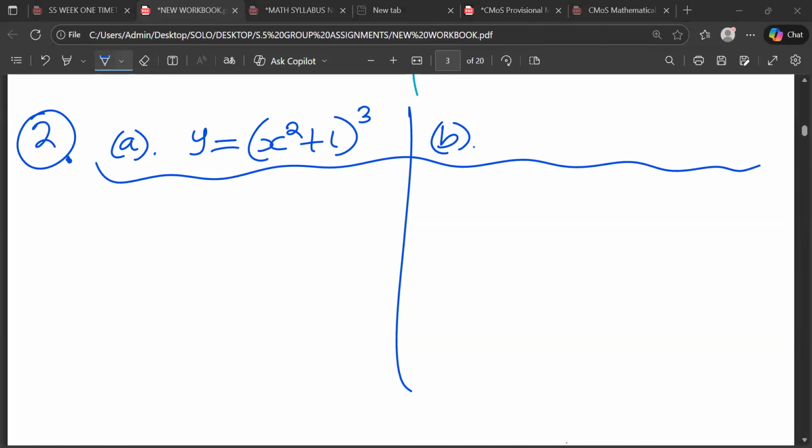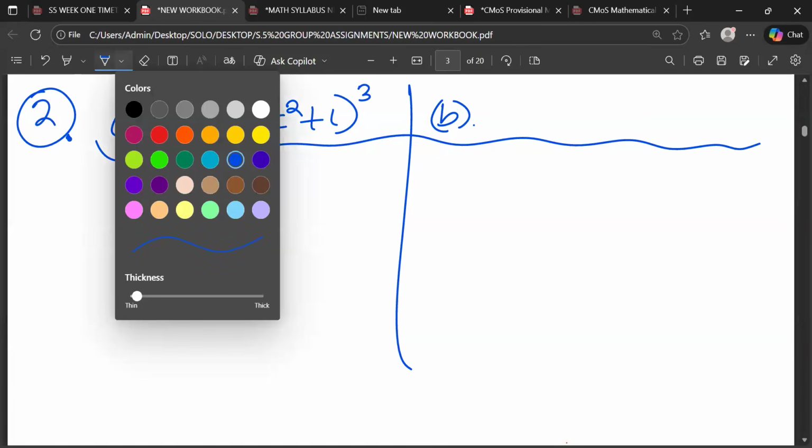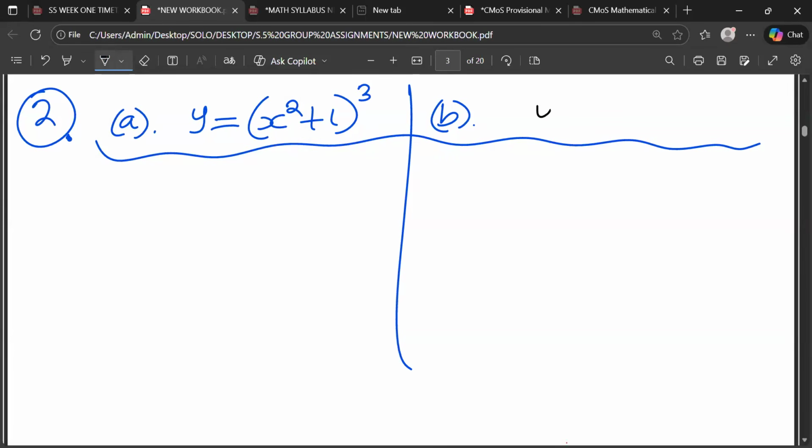Yes, Judy, unmute and speak. What do we do there? What I think we do is that you lower the power, you write the power, then you rewrite the bracket the way it is, you reduce the power of the bracket by 1, then you differentiate what's inside the bracket. Exactly. I don't know if people have heard.